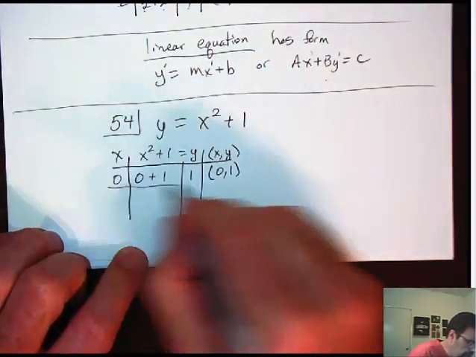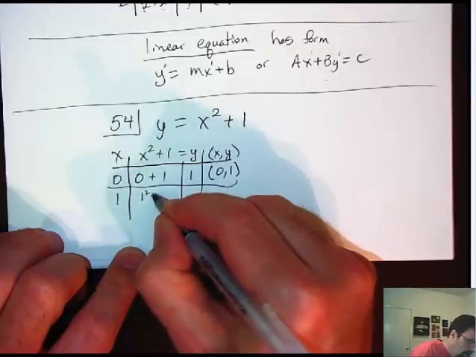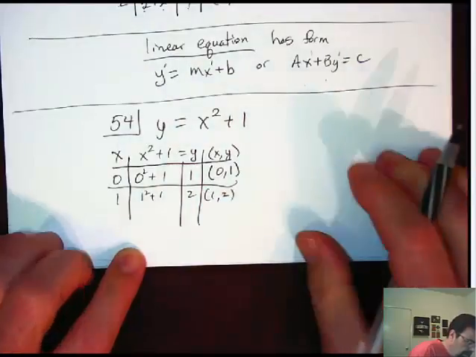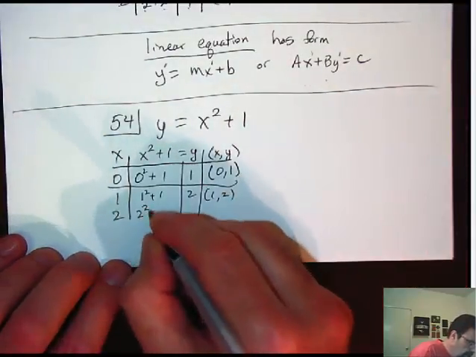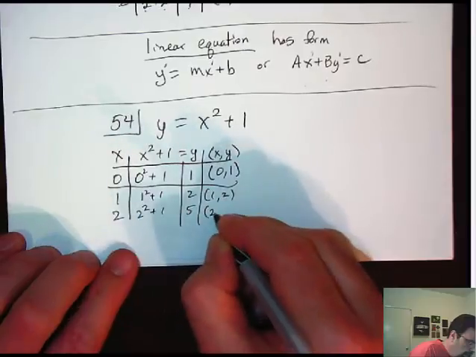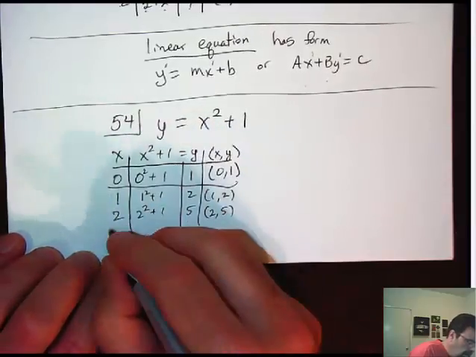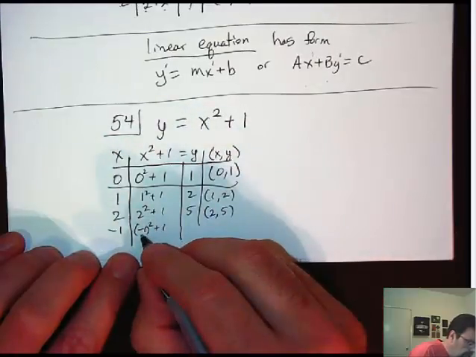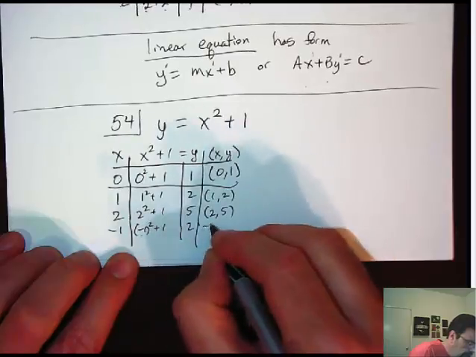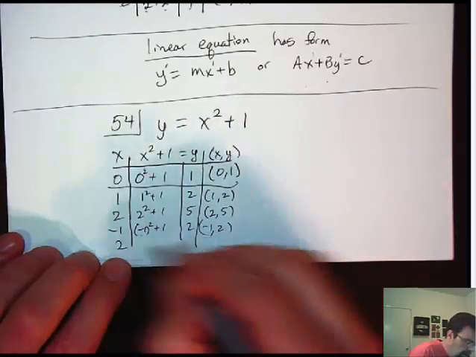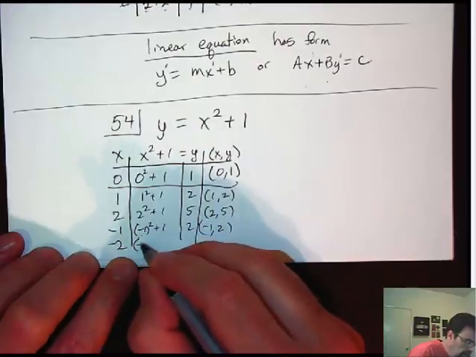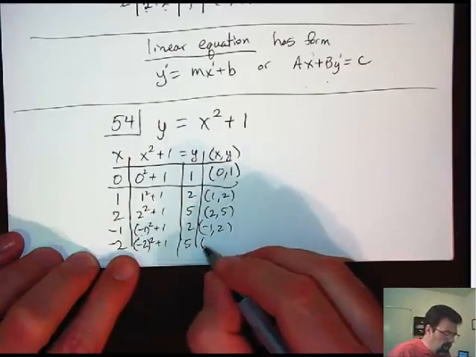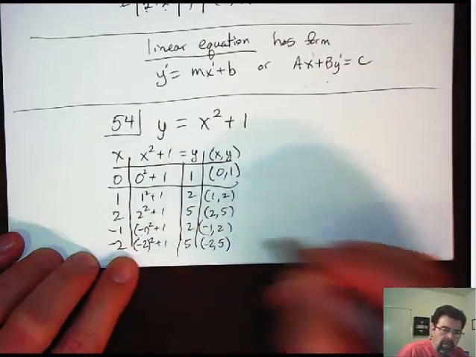So if I do 1 squared plus 1, that's 2. Do 2 squared plus 1, that's 5. Negative 1: negative 1 squared is 1, plus 1 is 2. Negative 2 squared is 4, plus 1 is 5. Now, if you didn't know what the shape of this curve was, this is not enough points.